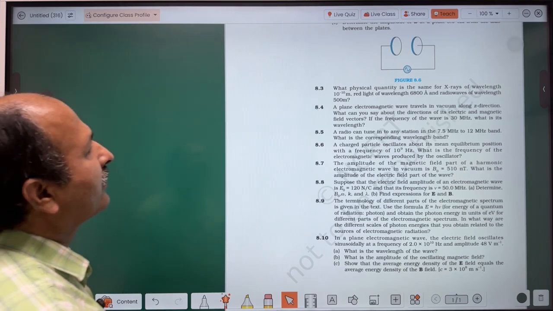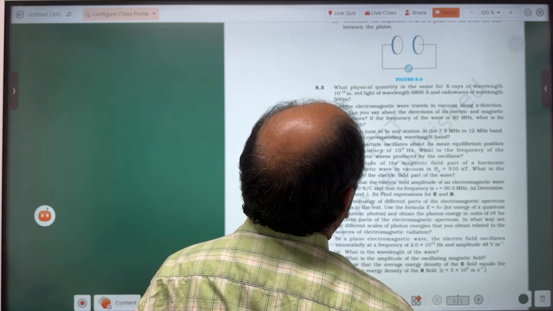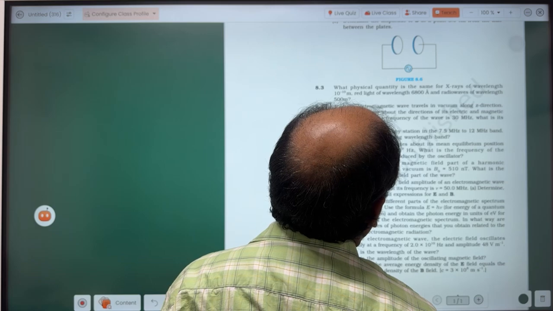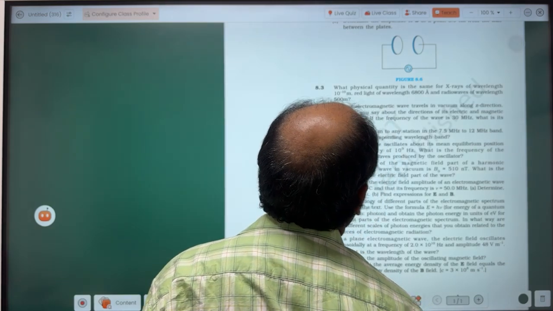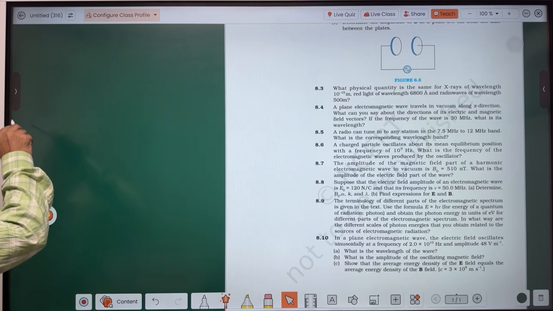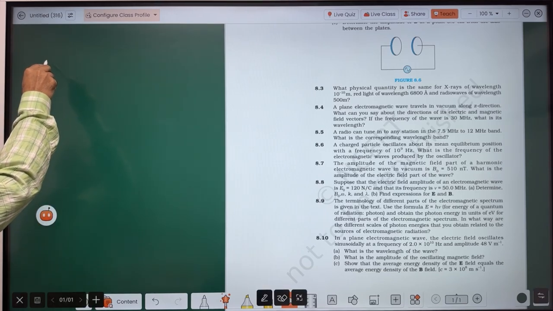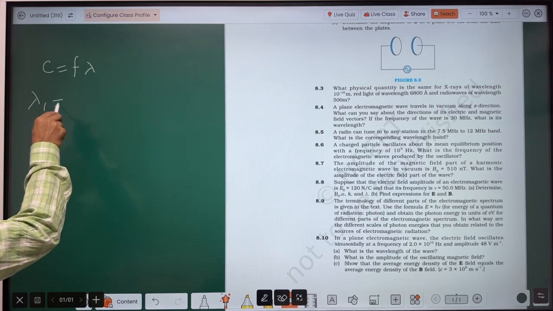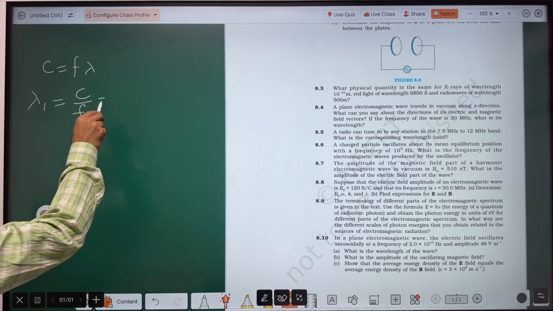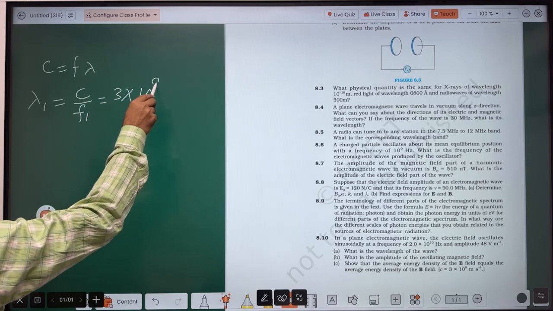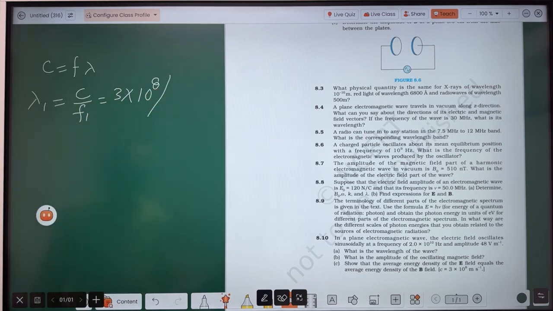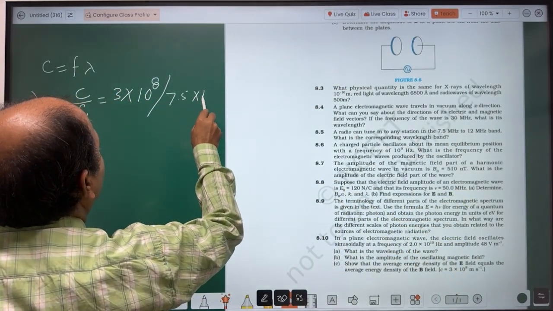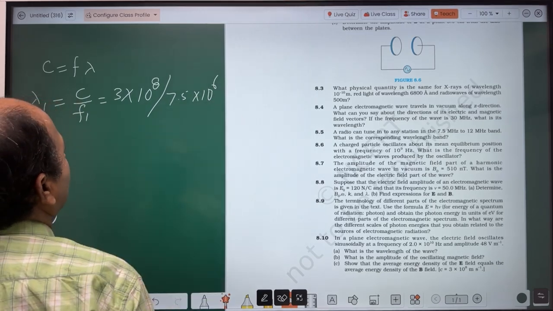Now the next question is, a radio can tune to any station in the 7.5 million hertz to 12 million hertz band. What is the corresponding wavelength band? Again, this is based on the same concept. As we have seen, C equal to F lambda. So we need lambda 1 equals C upon F1, 3 into 10 to the power 8 divided by F1, which is 7.5 into 10 to the power 6 meter.